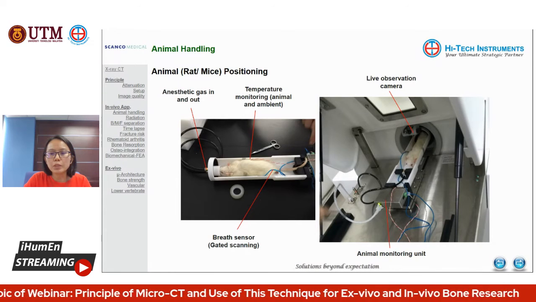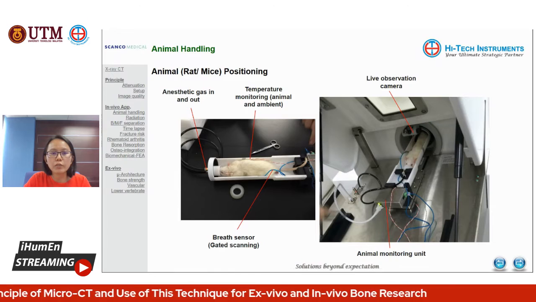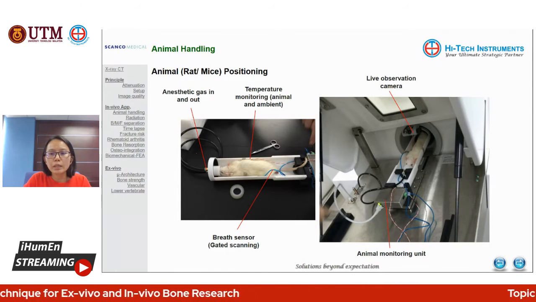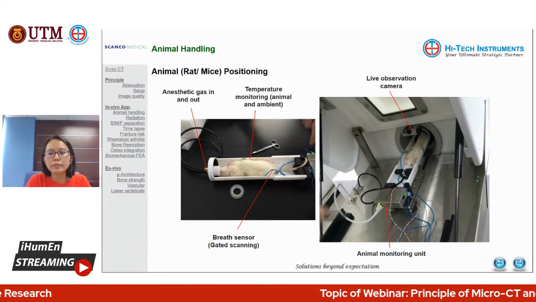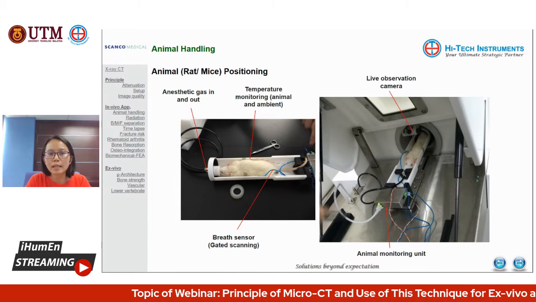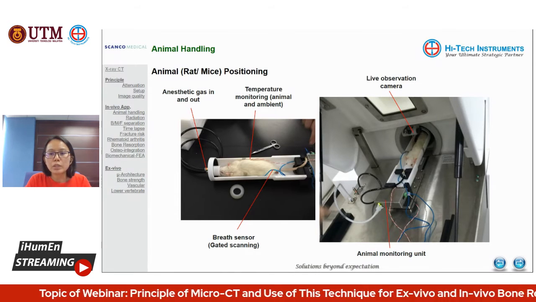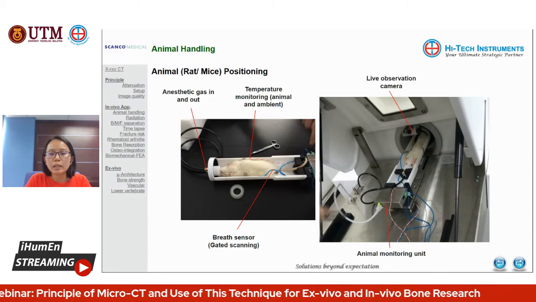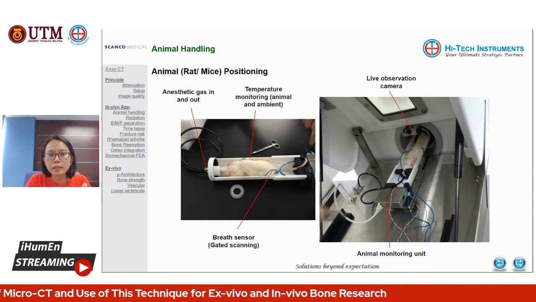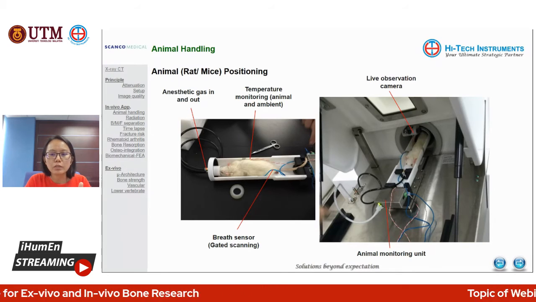Another type, which is a commonly used inhalation anesthetic agent, would be what we call isoflurane. It's usually delivered at about 3.5% for an animal size like a rat to induce the anesthesia. And then it can be maintained by lowering the concentration to about 1.5% of isoflurane.